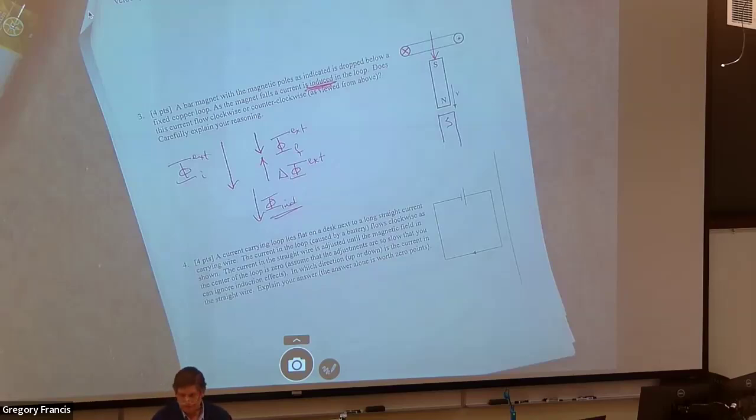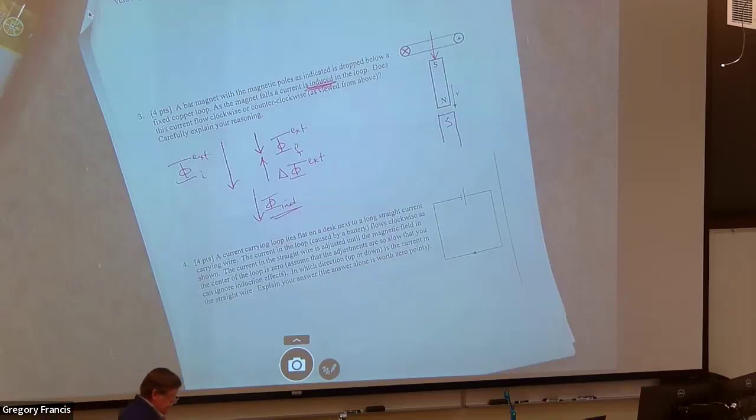Takes a lot of thought, okay? Once that loop is turning in the magnetic field, I'm changing the field lines through the loop, okay? And whenever I do that, nature sets up this induced current.